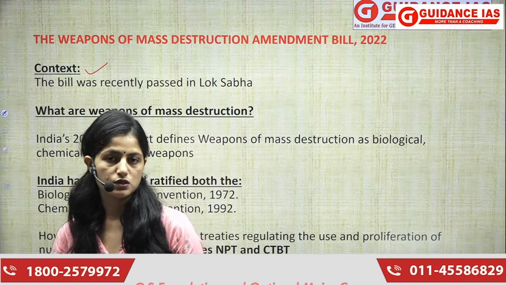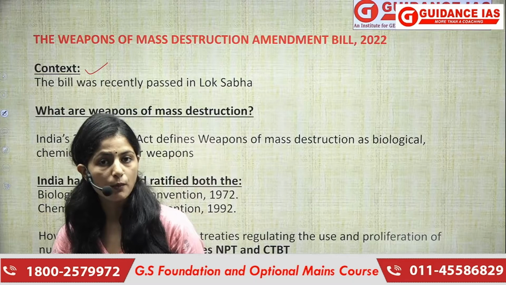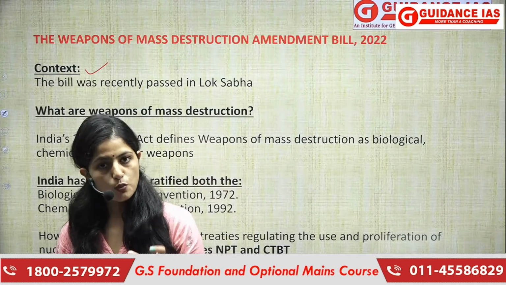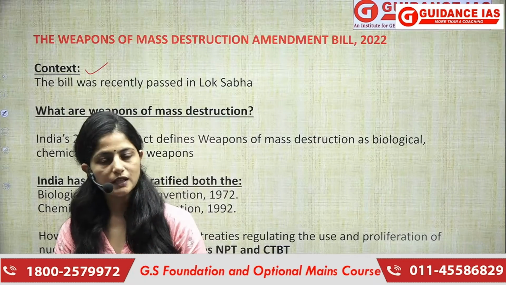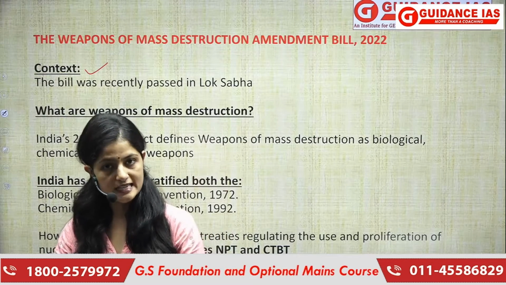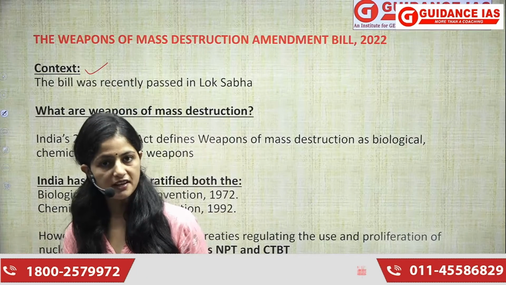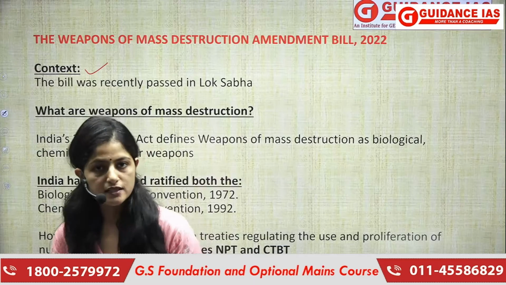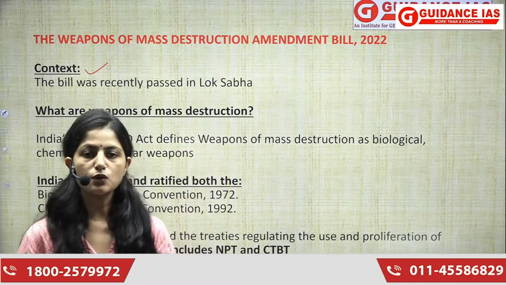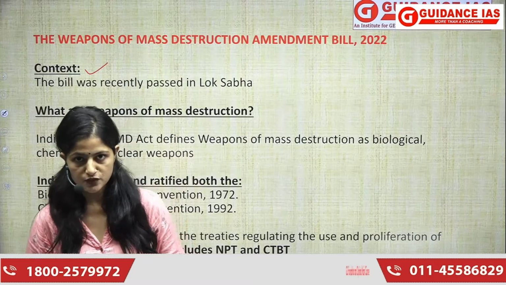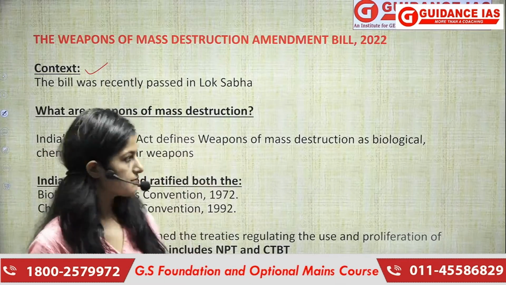It did not talk about financing of weapons of mass destruction. So to overcome that deficit, we had to come up with this new amendment act wherein we increased the ambit of the 2005 bill. And now we have introduced the financing part also, that you cannot even finance weapons of mass destruction. Don't worry, I'm going to repeat everything.